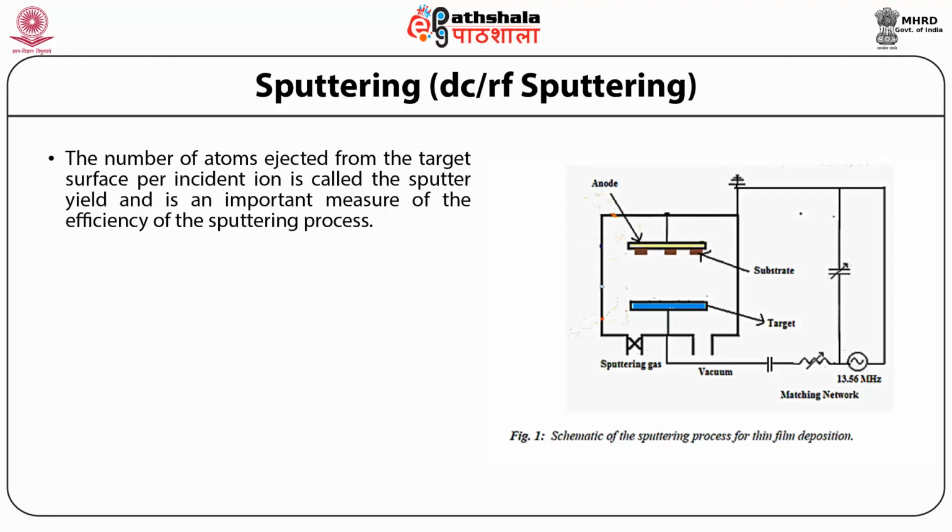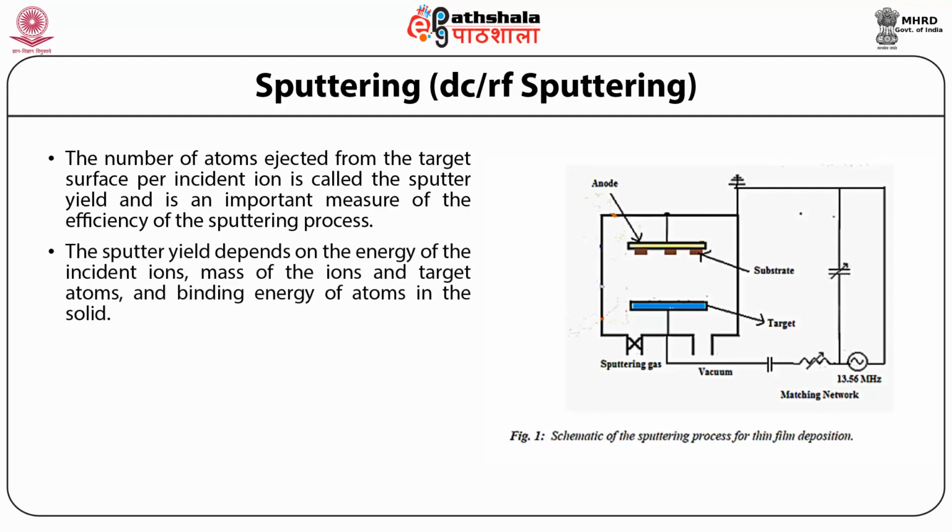So this shows the schematic of the basic sputtering process. Now students, here the sputter yield depends on the energy of the incident ions, mass of the ions and target atoms, and binding energy of the atoms in the solid.